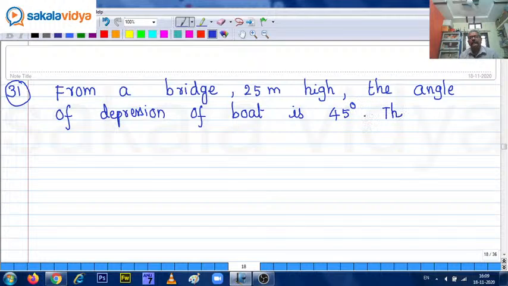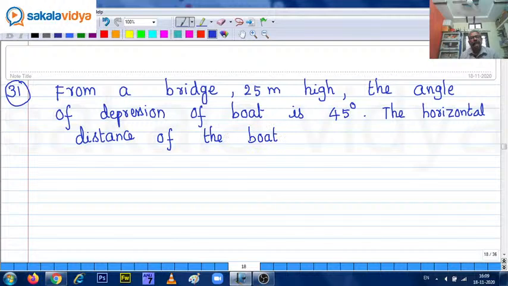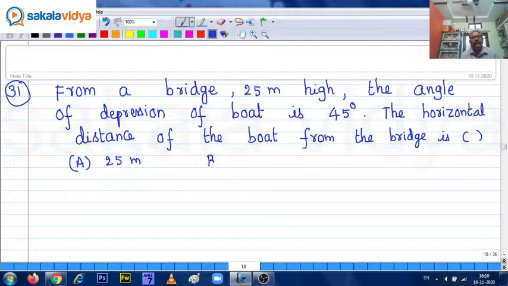The horizontal distance of the boat from the bridge is: A, 25 meters; B, 25 by 2 meters; C, 50 meters; D, 25 upon root 3 meters.